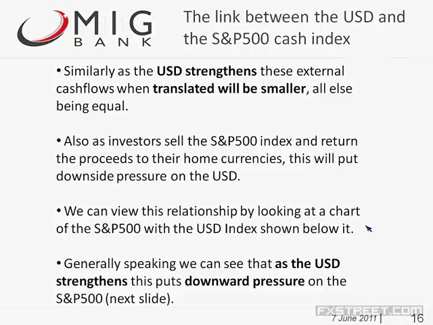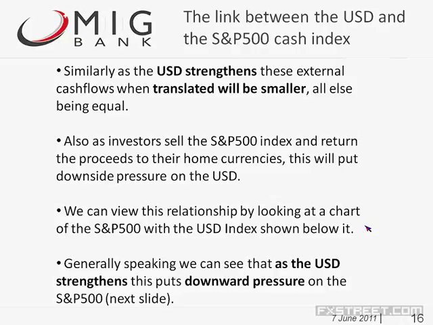Similarly, looking at it the other way round, as the US dollar strengthens, these external cash flows, when they're translated back, will be smaller, all else equal. So in periods when the US dollar is weakening, you will tend to find that there is support for the S&P 500, and when the US dollar is strengthening, there should be downwards pressure exerted on the S&P 500.